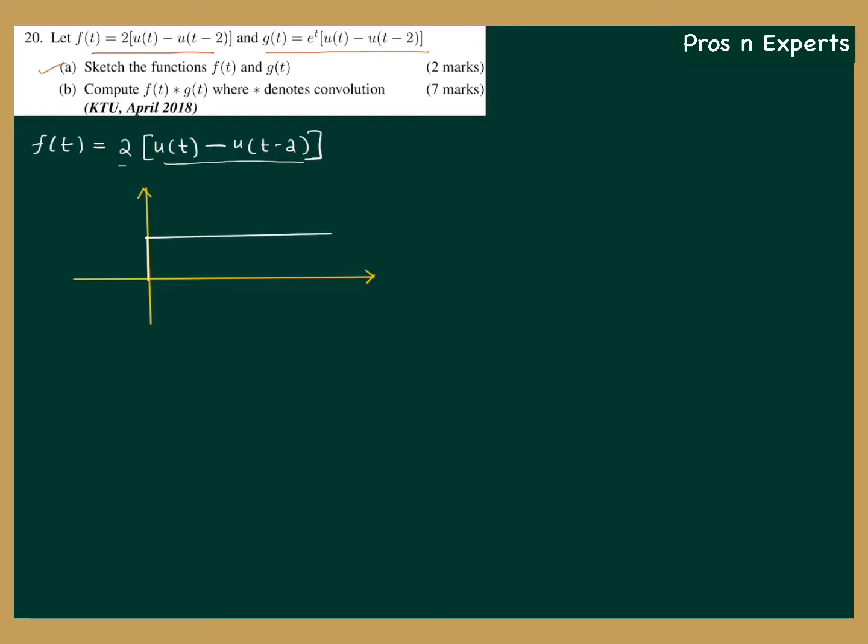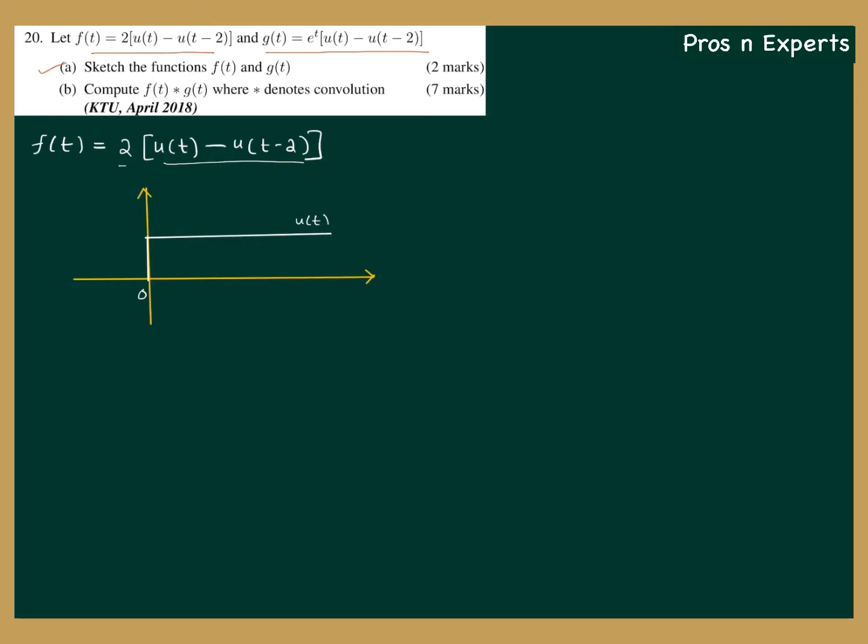This is u of t. Okay, it starts from 0, right? I must write it here, u of t. And what is u of t minus 2? I mean minus u of t minus 2. Here is a minus. You can see a minus here. Okay, so what is minus u of t minus 2?